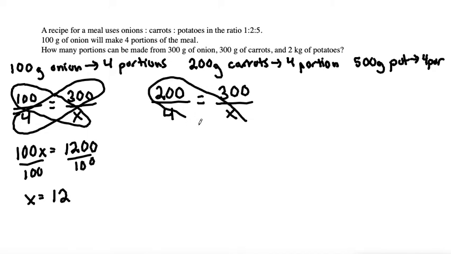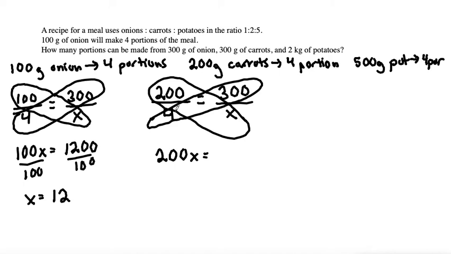So next we use our butterfly method to cross multiply, and we get 200x is equal to 4 times 300 again is 1200. Then solving for x by dividing both sides by 200, we get x is equal to 1200 divided by 200 is 6.